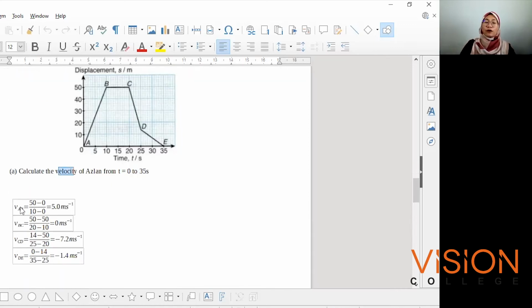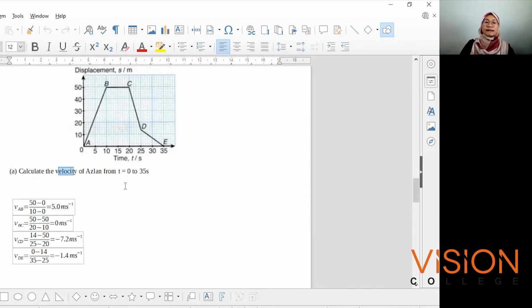I calculate for each line using the formula of gradient, and we can find out the value from one point to another point. For example, the velocity from point A to point B, I calculate the gradient, right? So S2 minus S1 over T2 minus T1, sorry. So you get the value. You calculate on your own, and you will get the value.